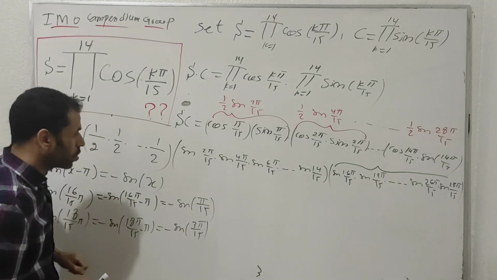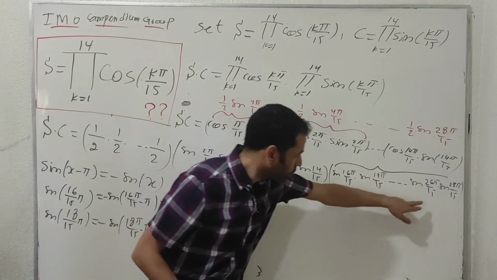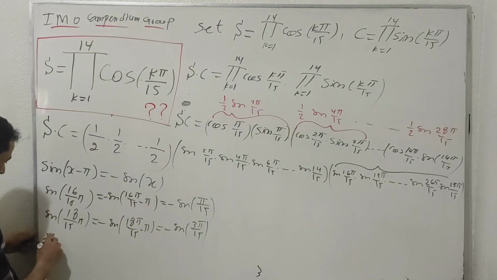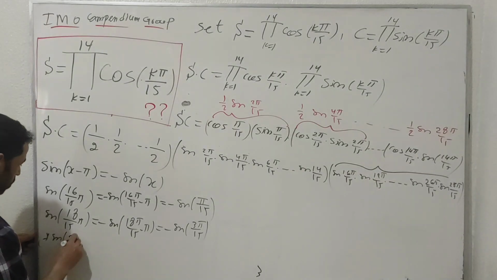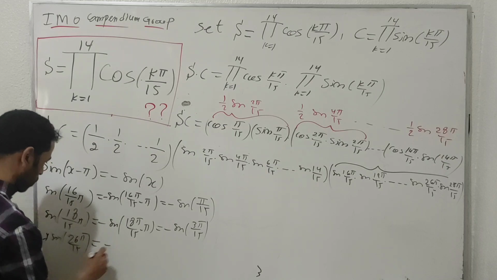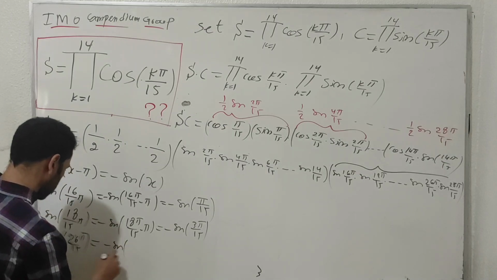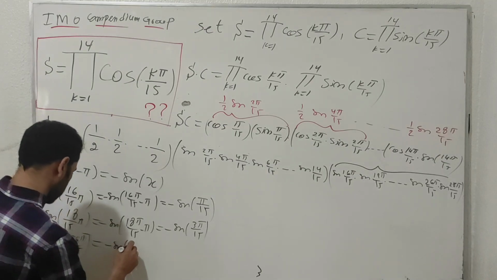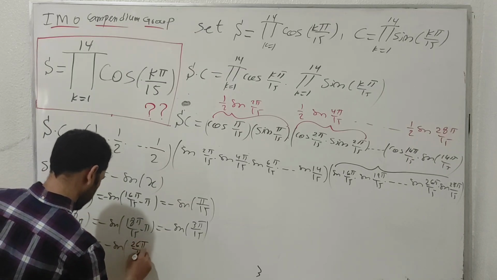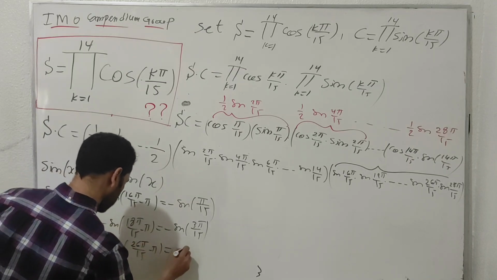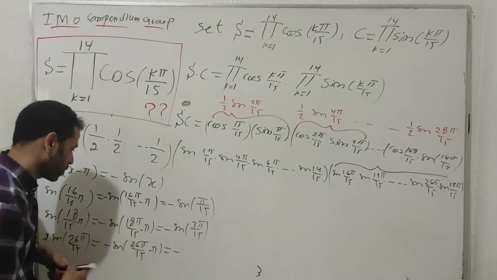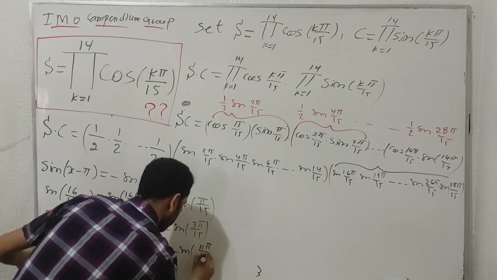Okay, so if I'm going to calculate the before last term, I will have sine of 26 pi over 15, with minus sign here, we'll have minus sine of 26 pi over 15 minus pi. As we know, 26 minus 15, I get 11 pi over 15.